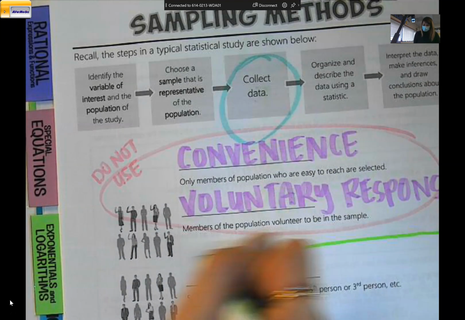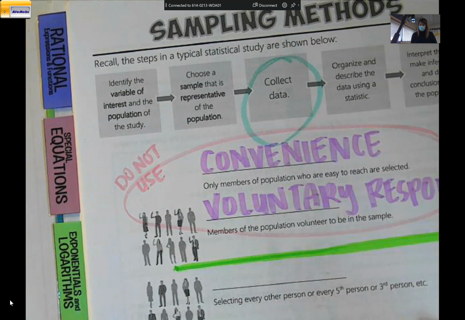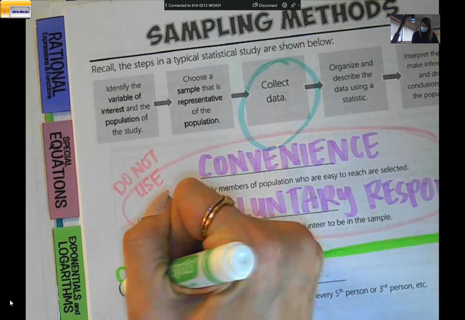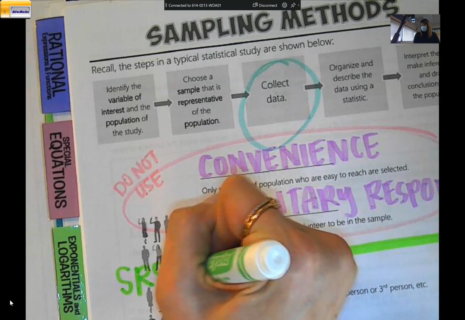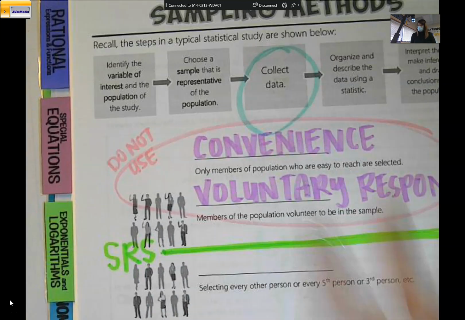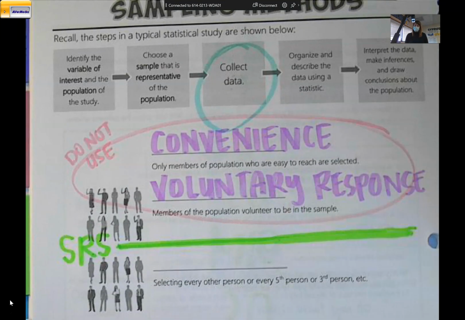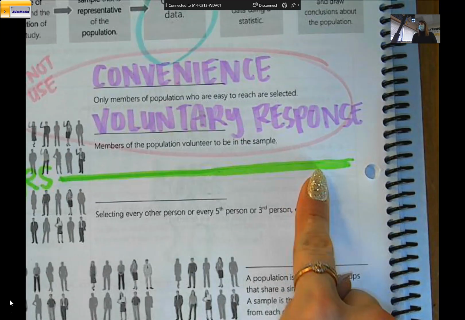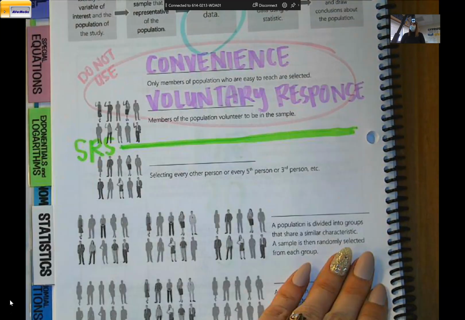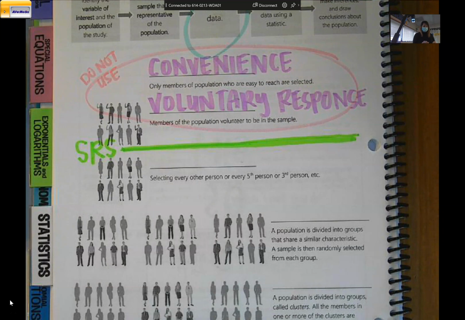Because they go in order of how good they are. That's very neon. The simple random sample would go there. Convenience sampling, bad. Voluntary response sampling, bad. Not so bad, an SRS.